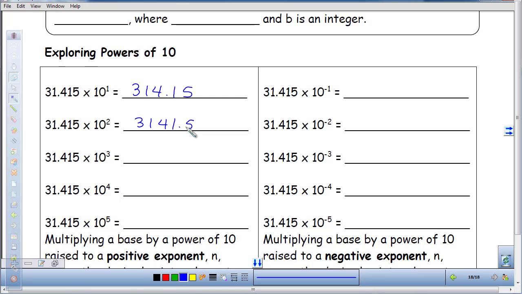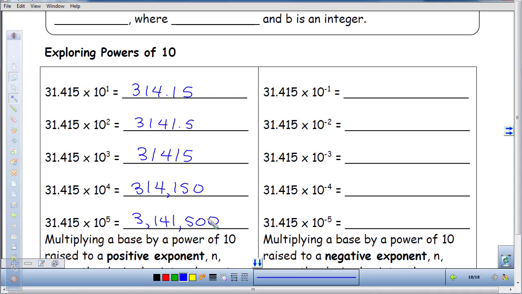Okay? Then if we multiply 31.415 times 10 cubed, we get 31,415. And then here we get 314,150. Okay, and then one more. Am I right? Okay.